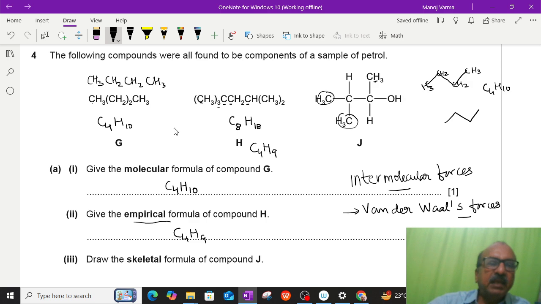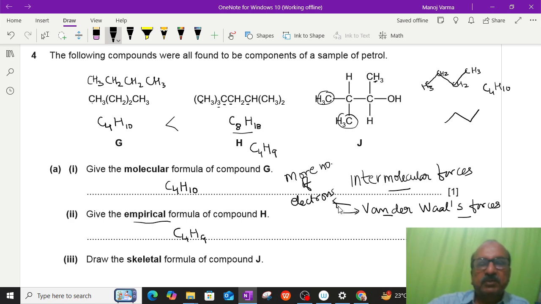But you can see that this boiling point is lower and this boiling point is higher. The reason is that it's a bigger molecule. So it has more carbons and more hydrogens, so it definitely has more electrons as compared to G. And these van der Waals forces are proportional to the number of electrons.